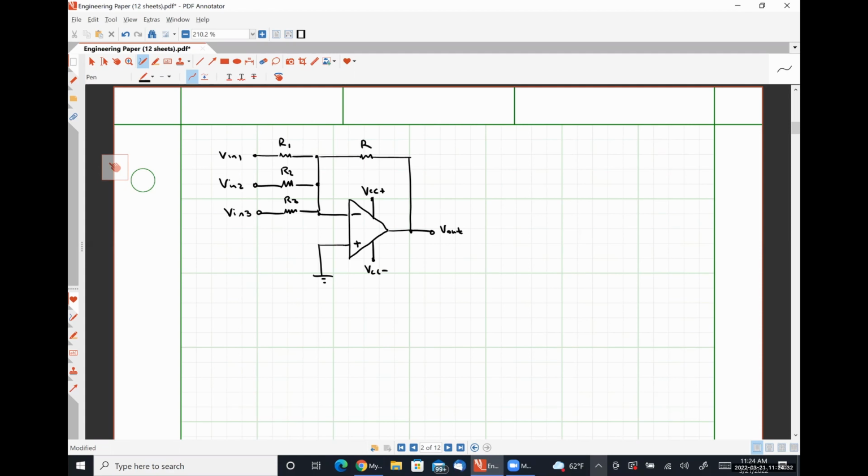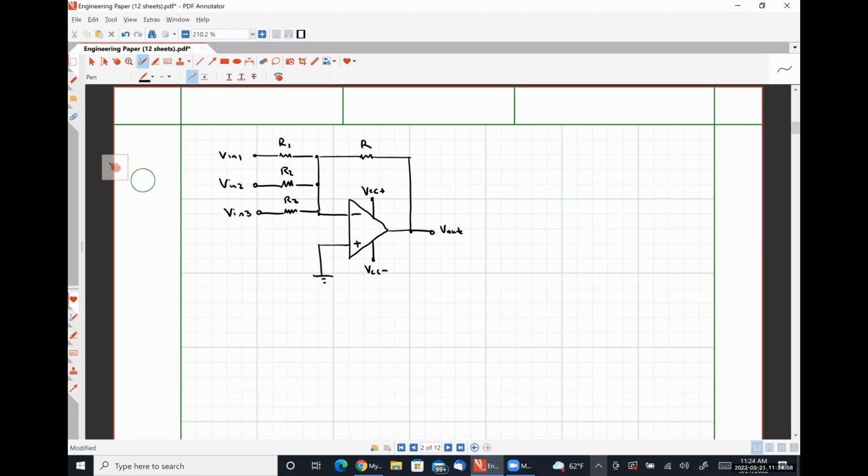So we have multiple input signals and a single output signal. And all of our inputs are applied on the inverting input terminal side of the op amp. So we should expect to see a negative output if VN1, VN2, and VN3 were all positive signals.